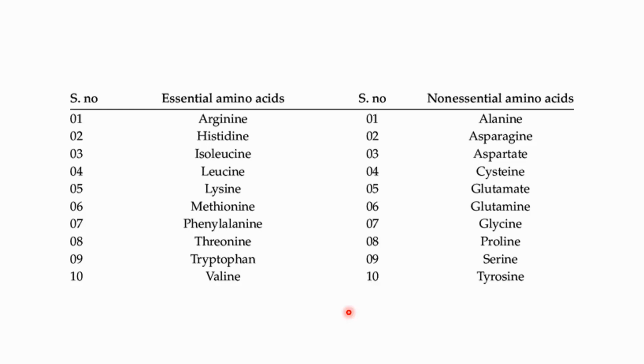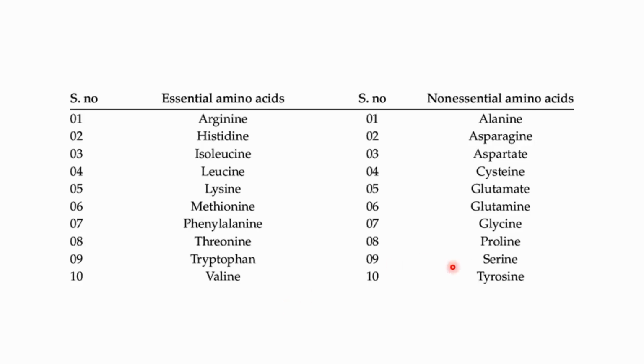In fact, it is based on whether they are already synthesized by our body or we have to take them from some external source in the form of our diet. So basically, essential amino acids are the ones that our body cannot synthesize and that we need from outside sources, like from our diet.